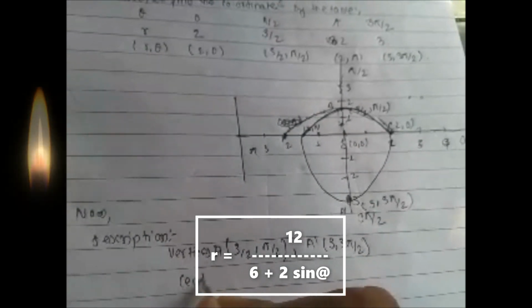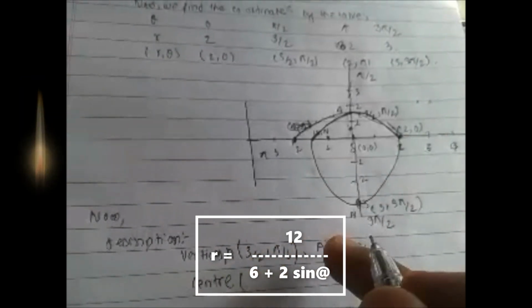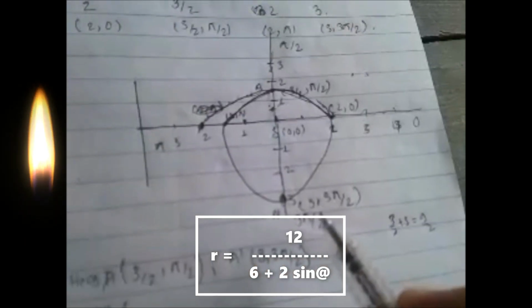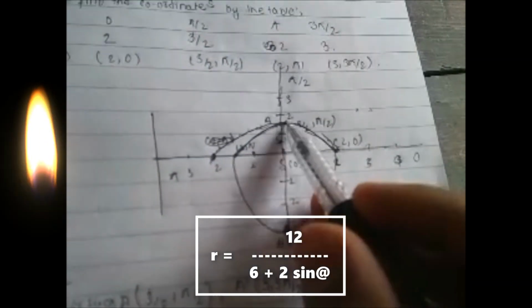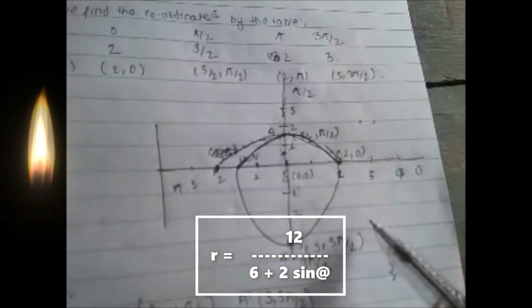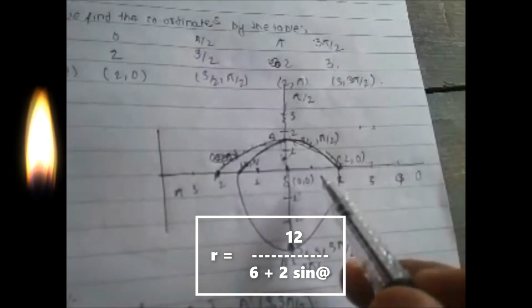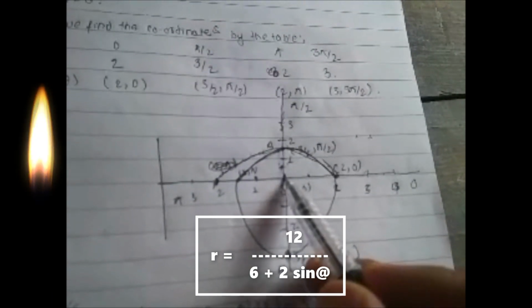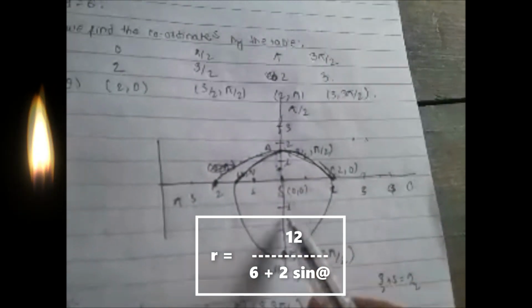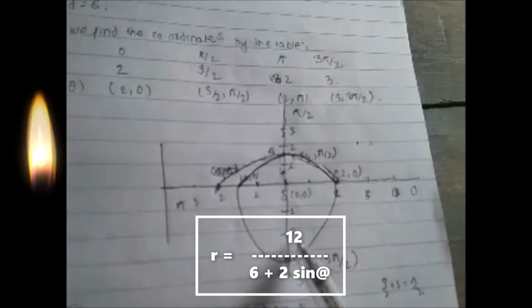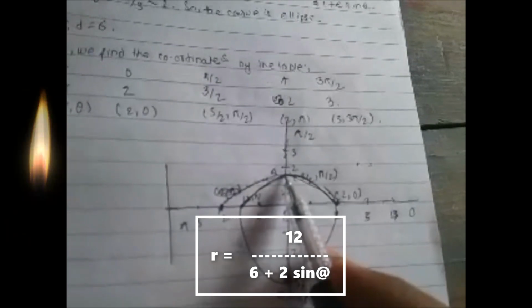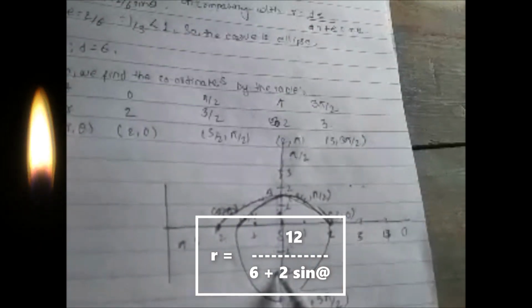Our center would be this plus this by 2, which gives the middle point between this and this. So where does this lie? We have to measure from the focus S. No, we have to measure from here to 9 by 2. But how do we measure from here to here?